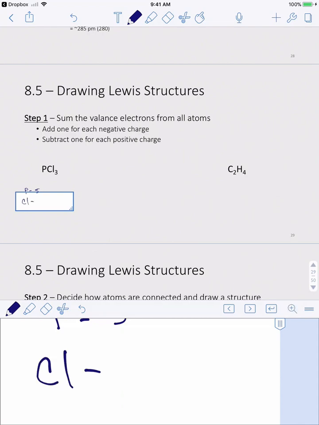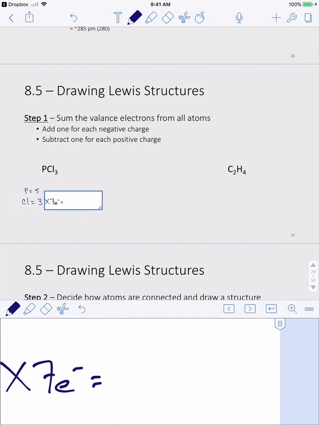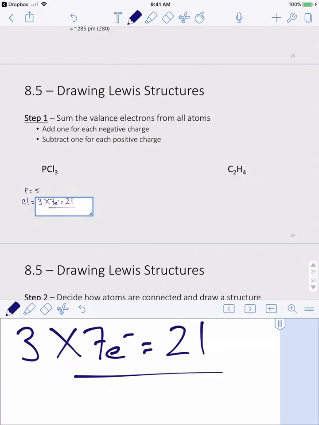For chlorine, it's 3 atoms times 7 electrons for a total of 21 electrons. If I add up the total number of electrons here, I get 21 plus 5 equals 26 electrons. So there are 26 electrons in this structure.